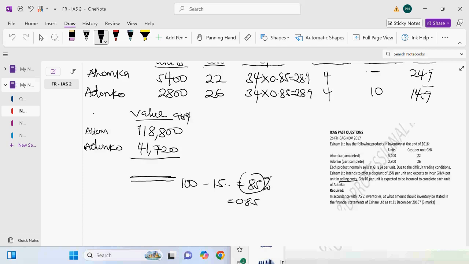What would be the total value of the inventory? 118,800 plus 41,720 is 160,520. So the value of the inventory is 160,520.